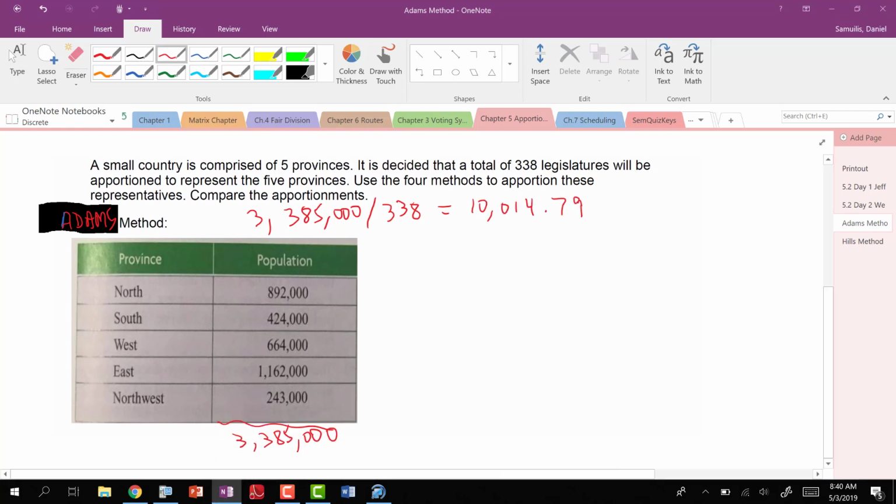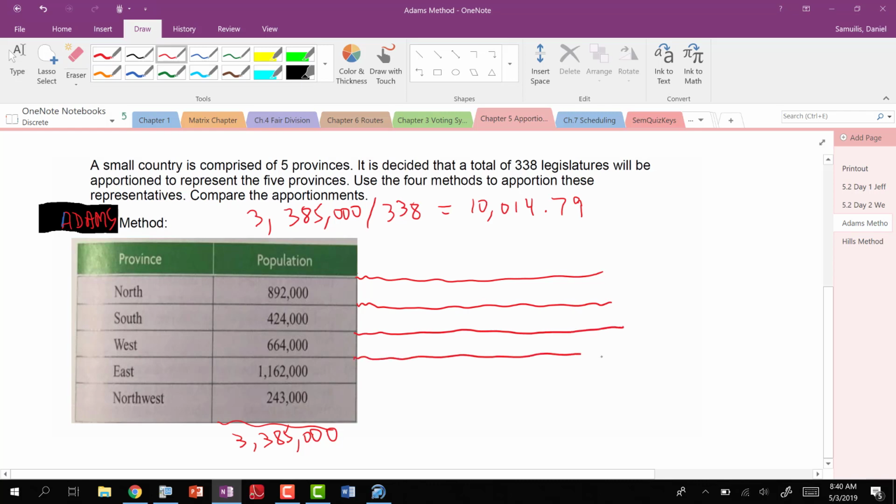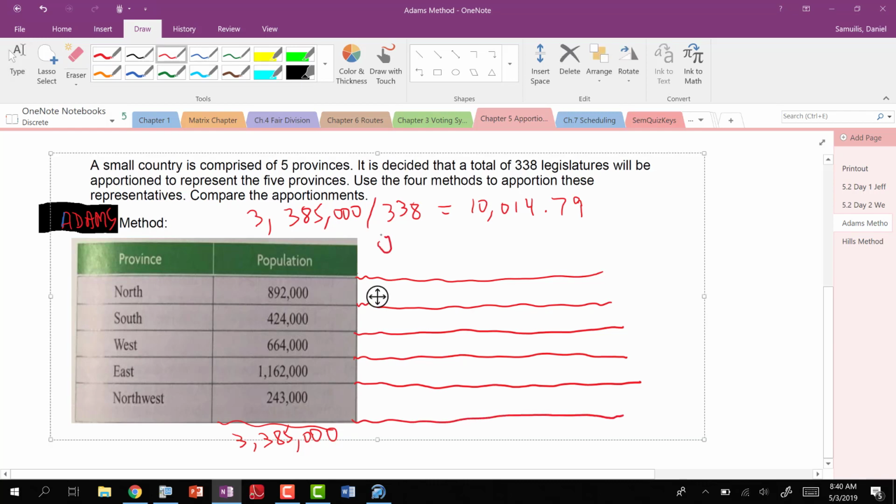All right. And then what we're going to do is move this up, move these lines so I have spaces to do this first divisor. We call this first Q, our first quota. I'll write the decimal, and then I'll write the rounded version right next to it.